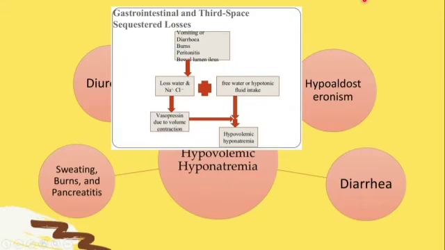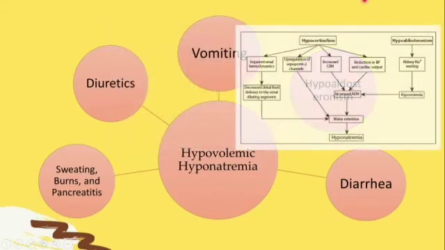Thus, hypovolemic hyponatremia happens. In hypoaldosteronism, there is decreased expression of sodium-potassium ATPase and ENaC channels. This leads to decreased sodium and water reabsorption that results in natriuresis and diuresis also. Thus, hypovolemic hyponatremia happens.